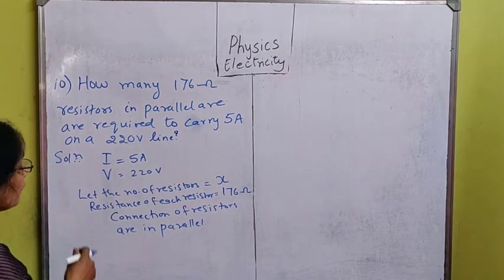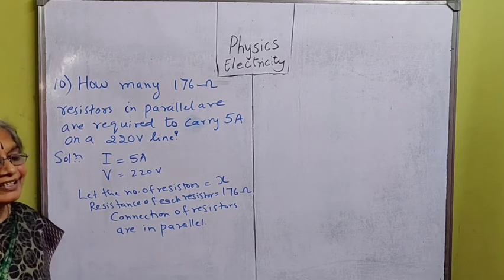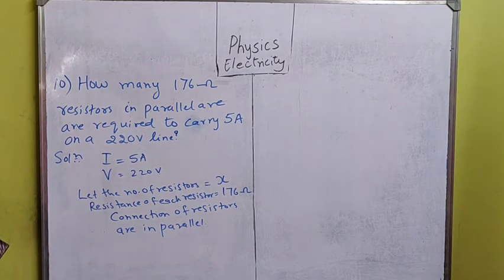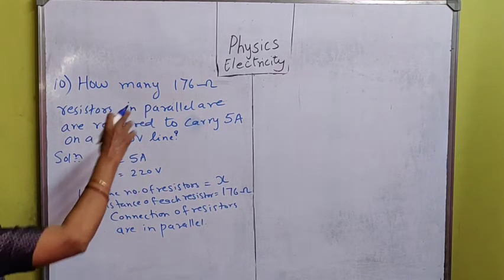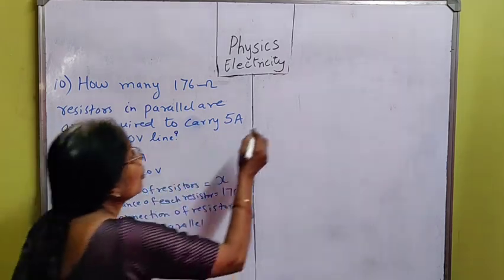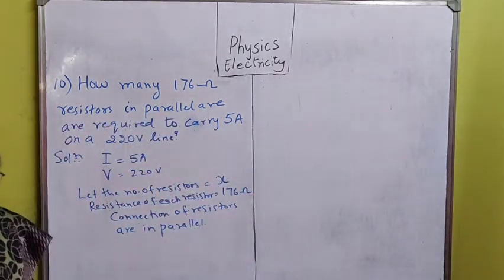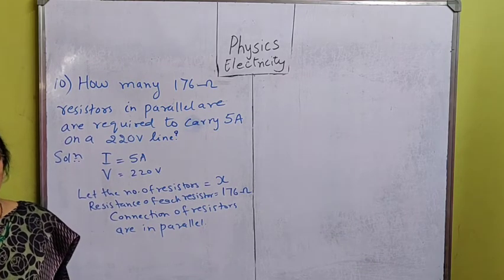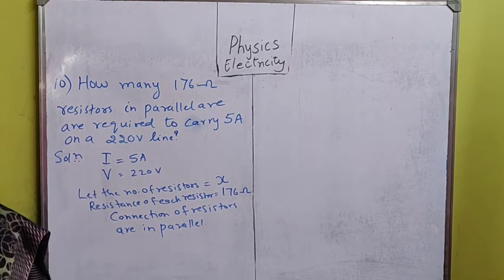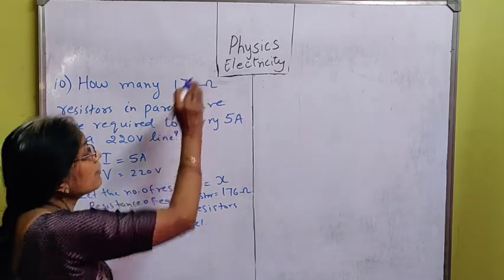So let us first find out the total resistance when it is connected in parallel. We don't know how many resistors there are. So 176 is the resistance. What is the parallel connection resistance? 1 by Rp is equal to 1 by R1 plus 1 by R2 plus 1 by R3 and so on. All R1, R2, R3 are 176.